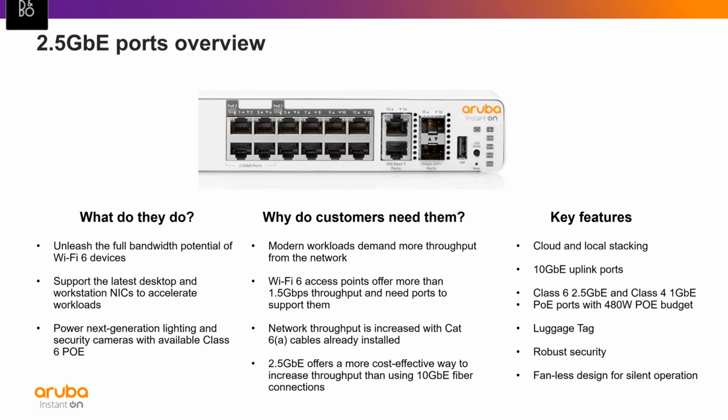Even these switches do have a few 10 gig ports on them. 2.5 is a lower cost option, right, that can be used to connect those access points or those advanced speed desktops or laptops, that gives them an option to plug in directly on those products as well.